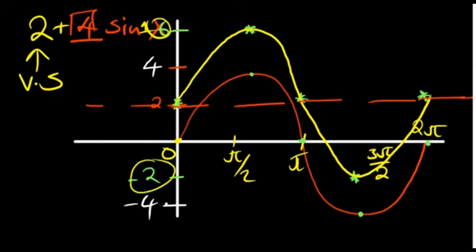So you'll be able to say, okay, considering 2 to be my 0 line, my maximum value is going to be 6, my minimum value is going to be -2, and then you just draw the basic form of the equation. Those are the two ways in which you can show the effect of the vertical shift on our graph. Okay, so now let's proceed and talk about the cosine function.